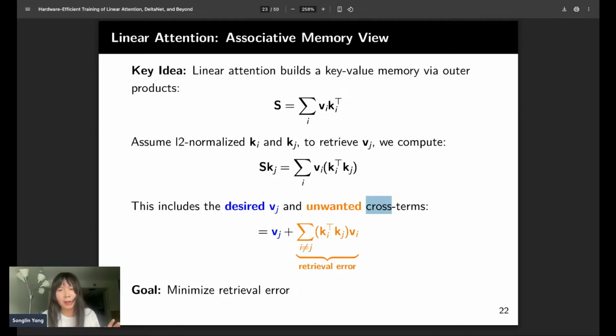If we want to do perfect retrieval, all of the key vectors should be orthogonal to each other. But because the associative memory is d by d, there are up to d orthogonal vectors in this vector space, and this retrieval error is inevitable when the sequence length is larger than the model dimension.